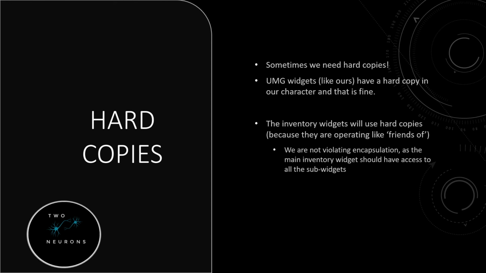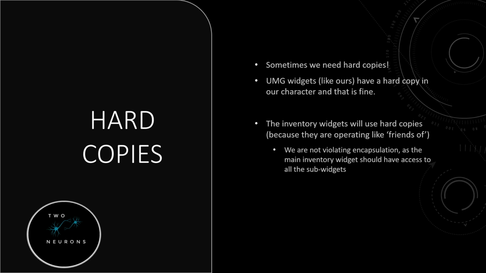The inventory widget, which we'll do in section 2, and also our equipment widgets in section 3, will actually be making hard copies because we'll have a whole bunch of widget elements. And we want the main inventory and also main equipment widgets to have access to all the sub-widgets.